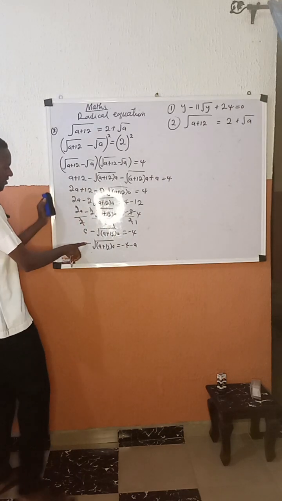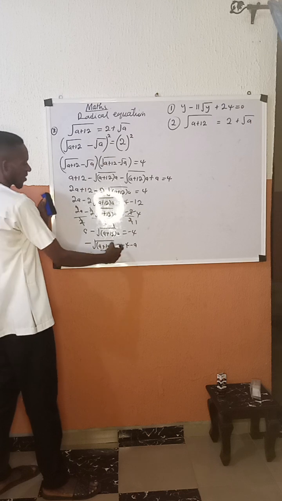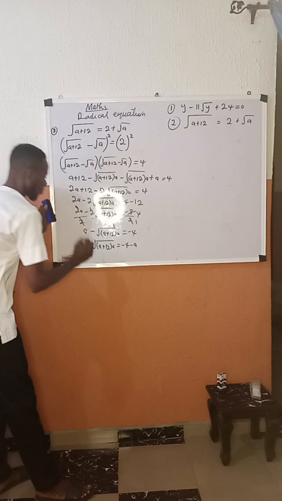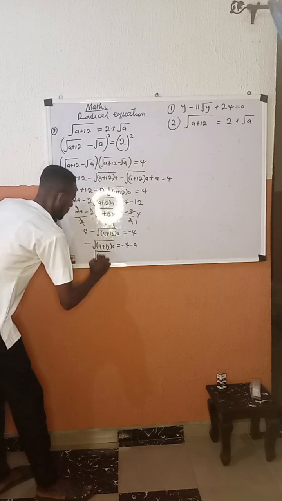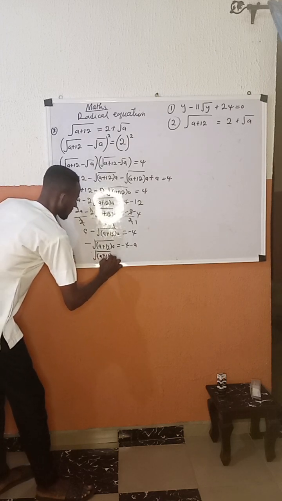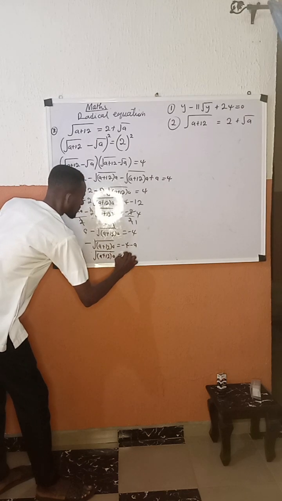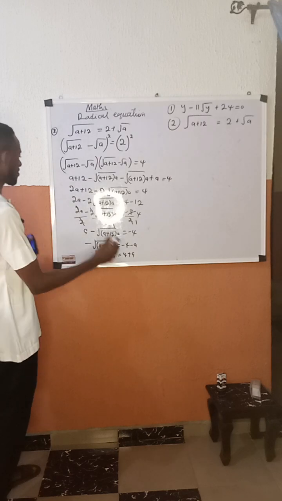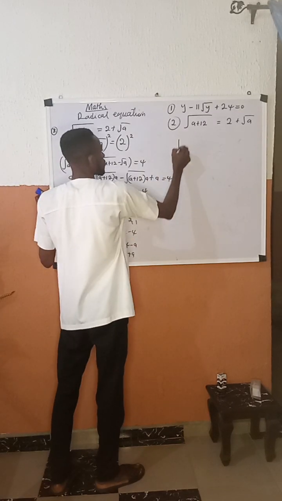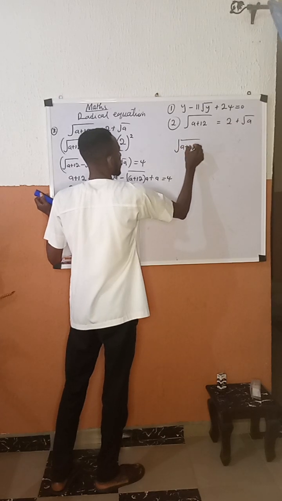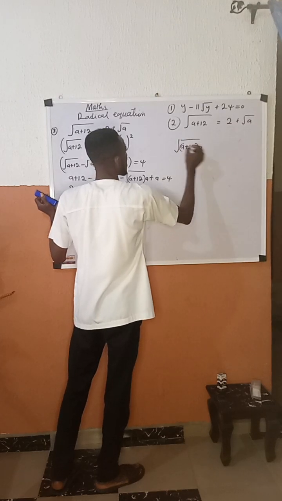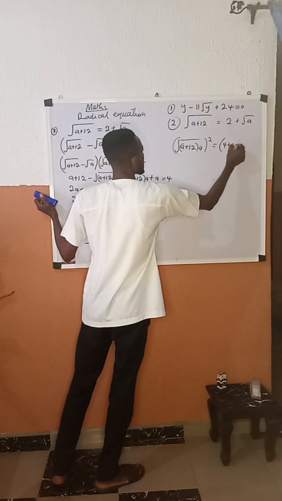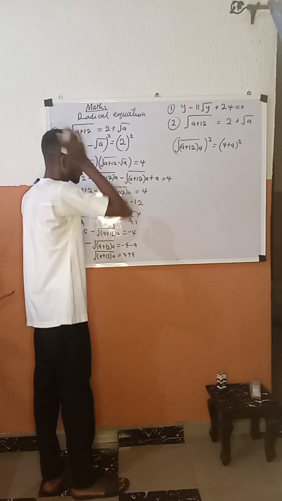Now, because of this minus sign here, it will have effect on this minus and minus, and they become plus. So what I have becomes root of A plus 12A equals 4 plus A. By squaring both sides of the equation equally, I have root of A plus 12A all raised to power 2 equals 4 plus A all raised to power 2.